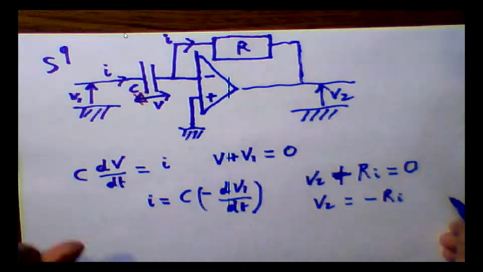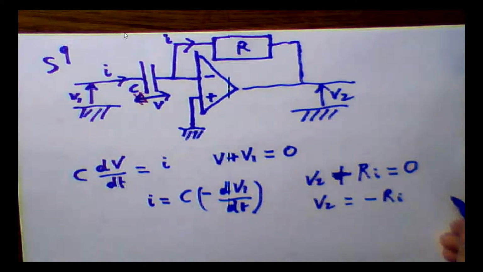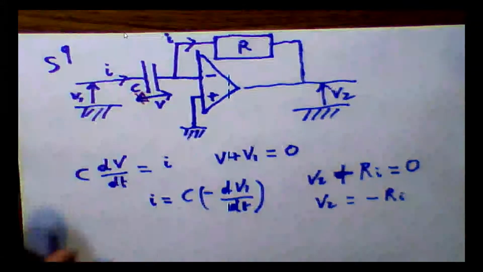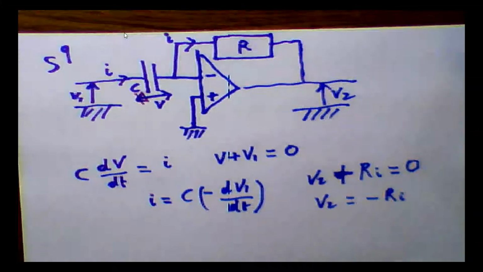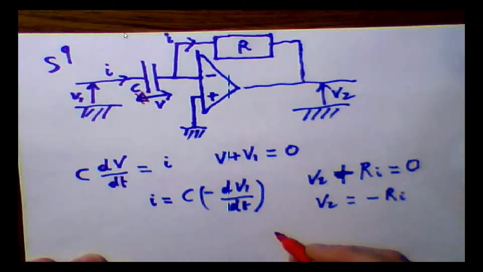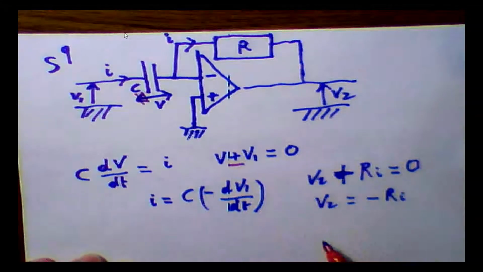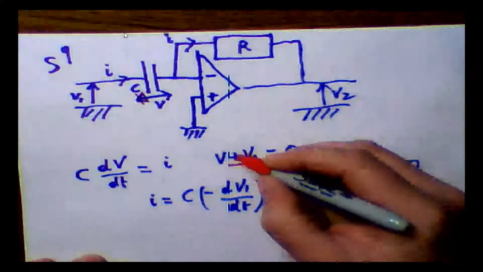Now, there is a small error here that I would like to correct. Given the way things have been written here, it is V minus V1 which is equal to 0, not plus.